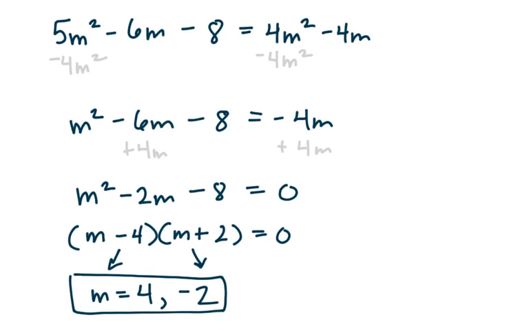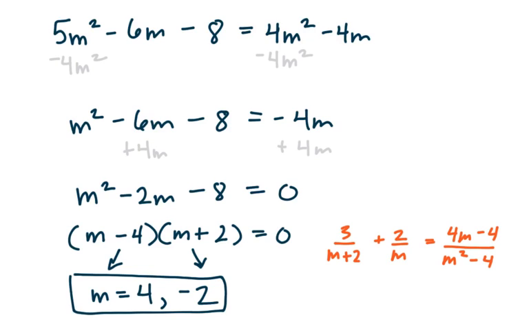But what we have to remember and what we have to double check is, do both 4 and negative 2 work in the original domain of this problem? So remember, what we started with was 3 over m plus 2 plus 2 over m equals 4m minus 4 over m squared minus 4.